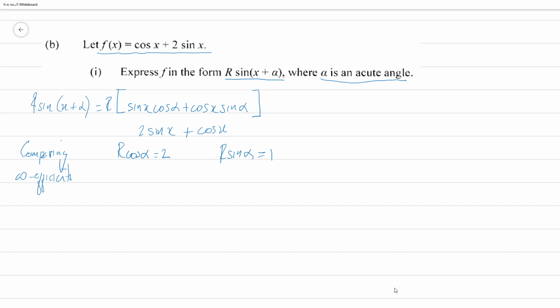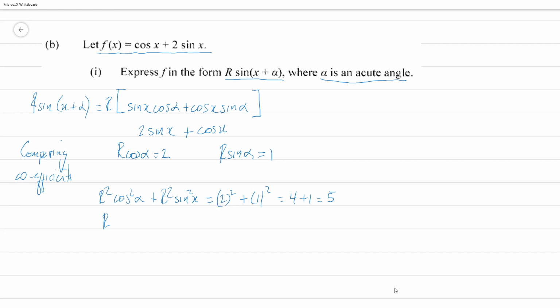So what you do is that if you square this expression and you add it to this, you're going to get r squared cos squared alpha plus r squared sine squared alpha is equal to 2 squared plus 1 squared, which is 4 plus 1, 5. So r squared cos squared alpha plus r squared sine squared alpha is 5.